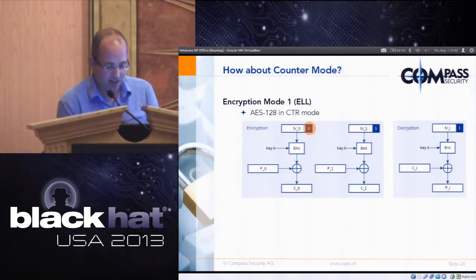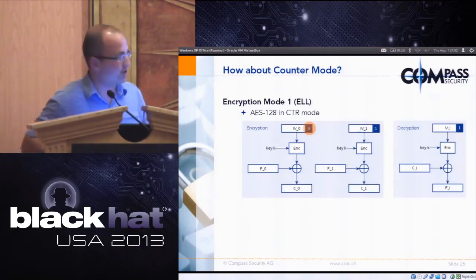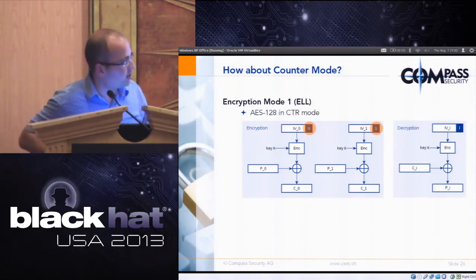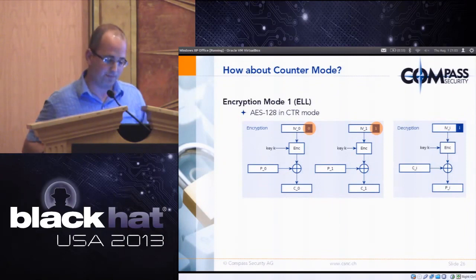Okay, then I thought let's have a look at the encryption mode 1 of the extended link layer. That's actually not CBC, it's counter mode. So counter mode means you take a number as an IV and then you just increment it over time, and you encrypt it and XOR it with the plain text.